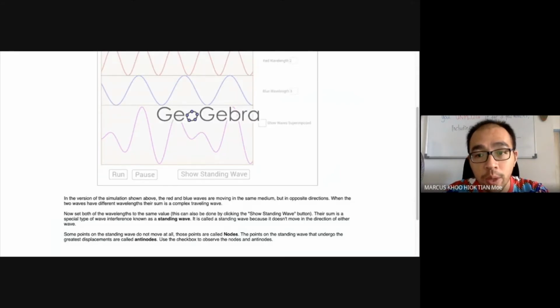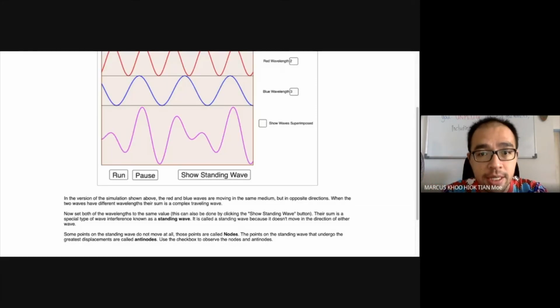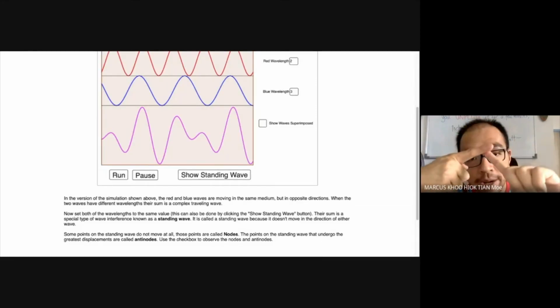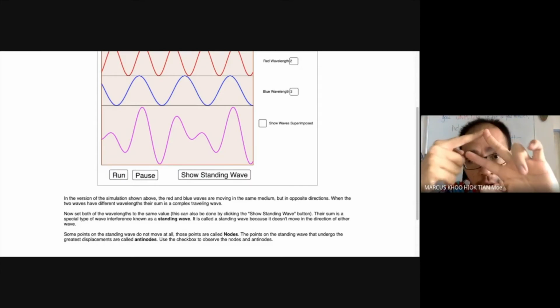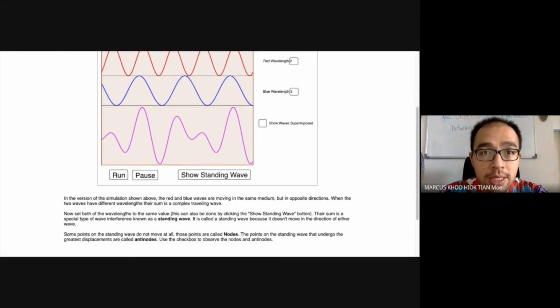The second one is wavelength, and the third one is phase difference. I've typed it out in the chat so that you can copy. So coherent sources are waves that have the same frequency, the same wavelength, and the same phase difference.